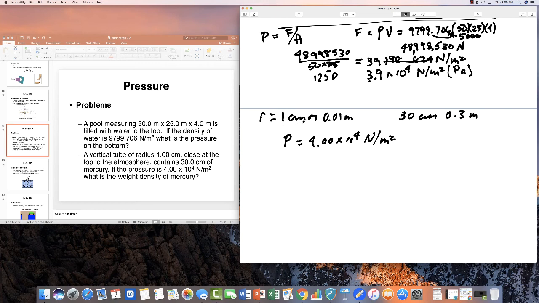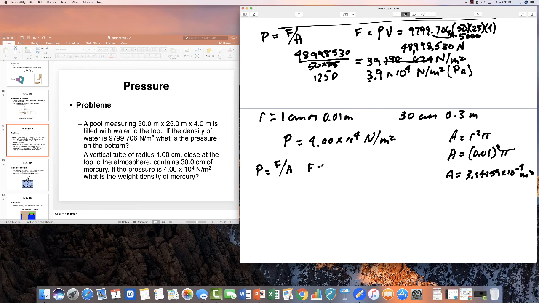Okay, first of all, we have to calculate the area, and the area of a circle is pi r squared. So the area here is going to be 0.01 squared times pi. The area is going to equal 3.14159 times 10 to the minus 4 square meters. Okay, and we know the pressure is equal to force divided by area.